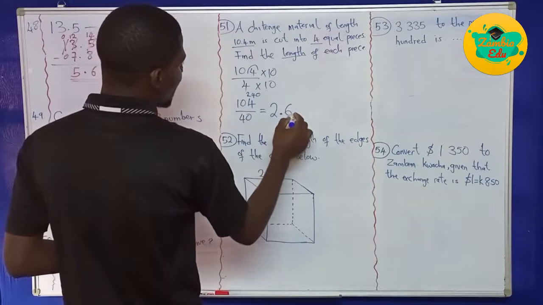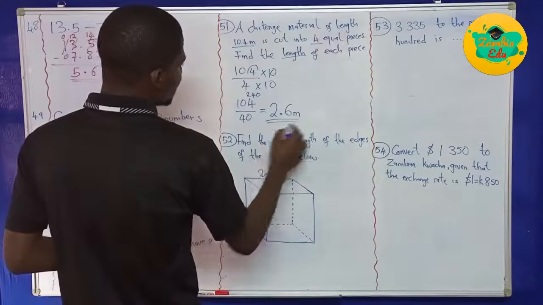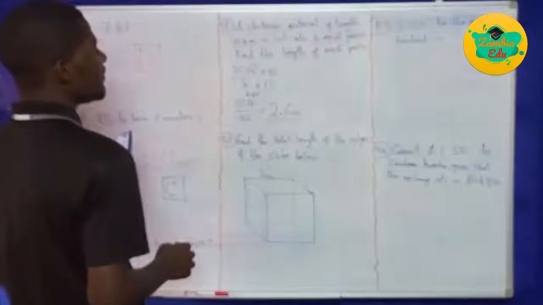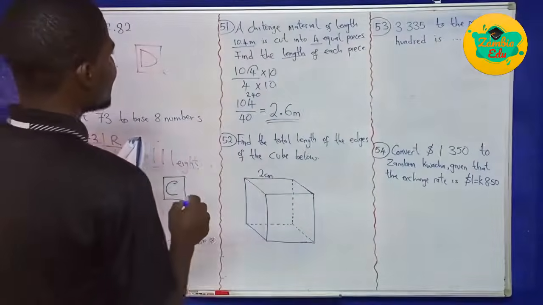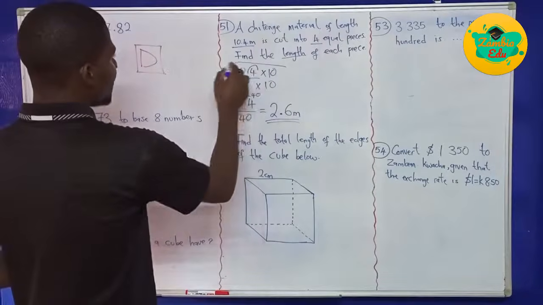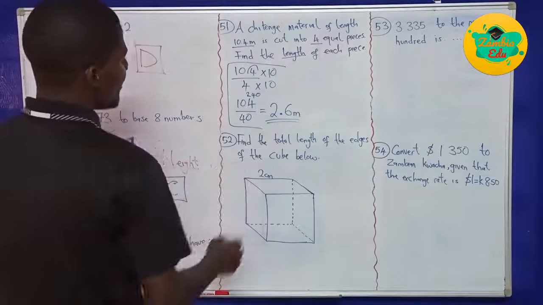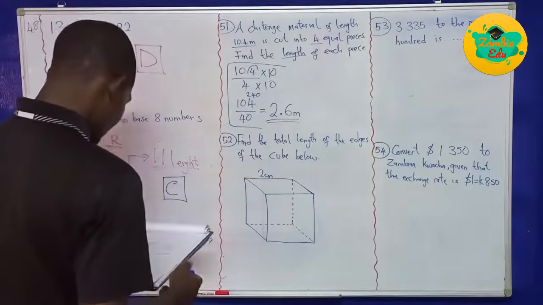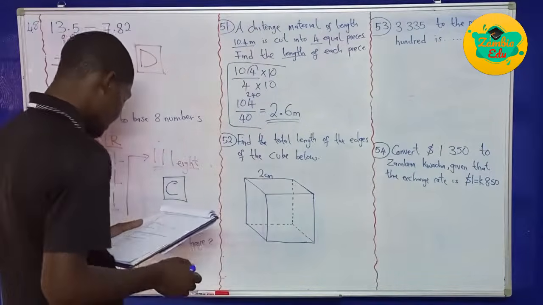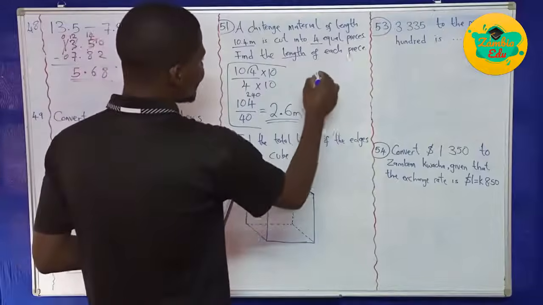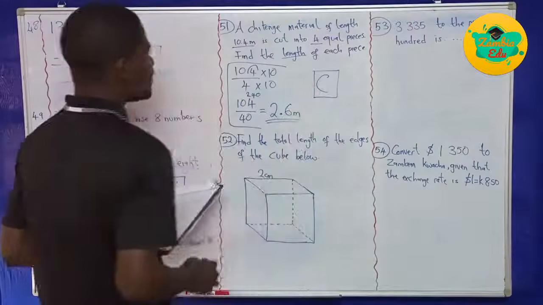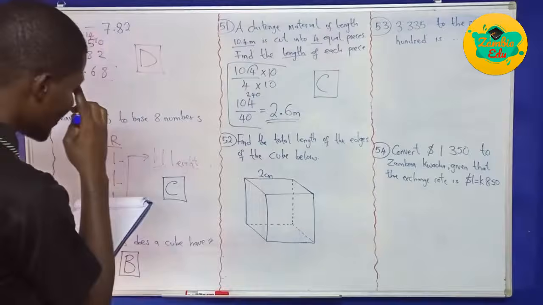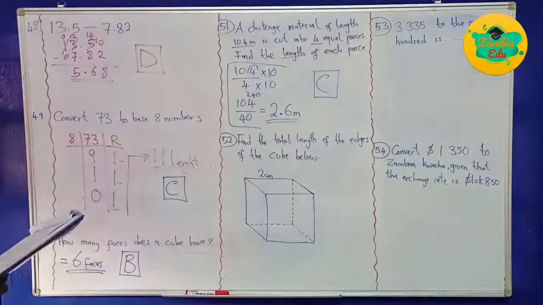So we know it was in meters. So we know now that if we cut that rectangle material into 4 equal pieces, each piece will have 2.6 meters, and 2.6 meters was represented as option C on our multiple choice. We quickly rush to question 52.